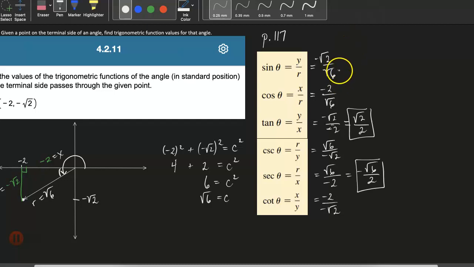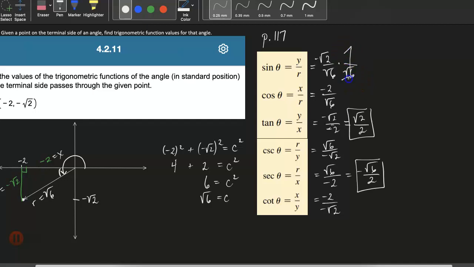To rationalize the denominator, we're going to multiply by a fraction that is the equivalent of 1 in a way that we get a rational number in the denominator. The surefire way to do this is to multiply the denominator by itself.